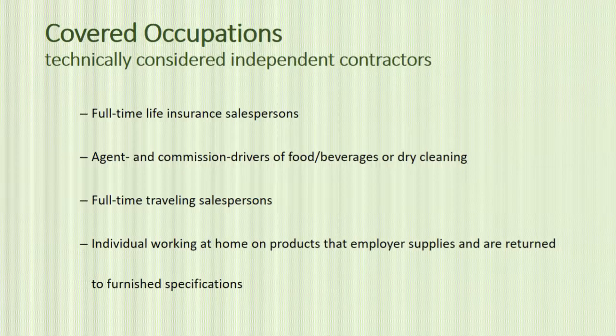Rules, laws, acts, nothing can be easy in black and white. These individuals are covered unless they have a substantial interest in the facilities used in connection with their job, or if the service consists of a single transaction only.